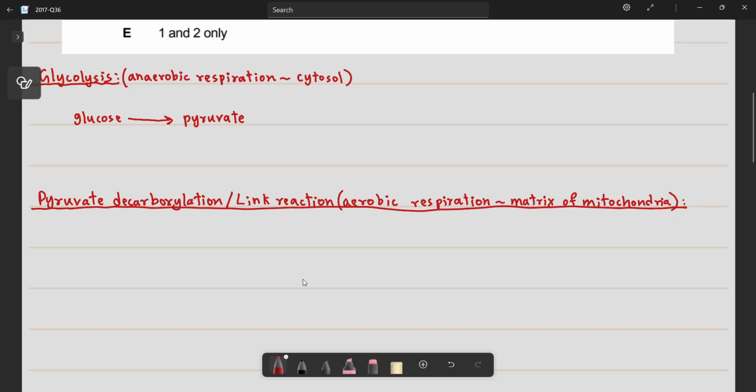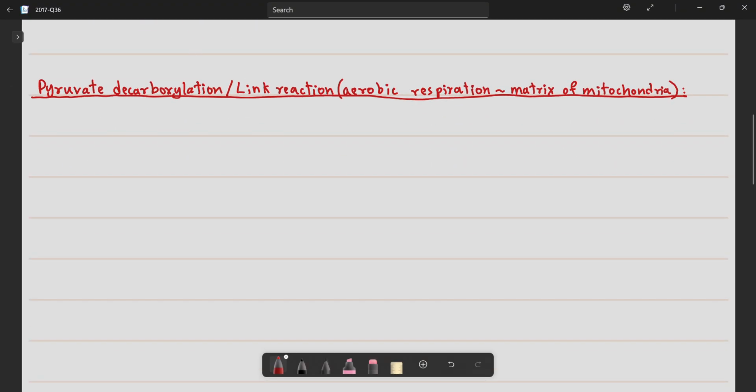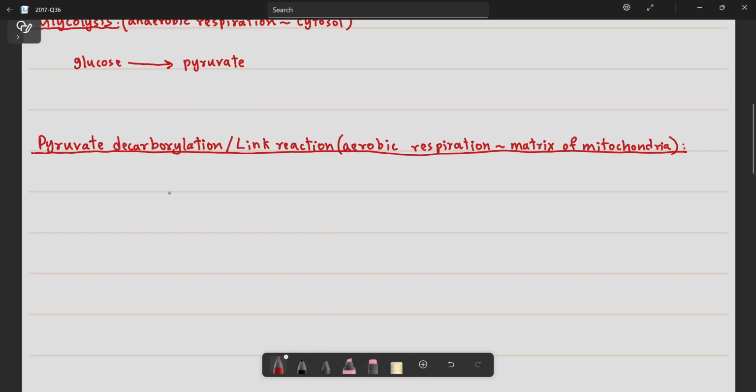Okay, so I have to now tell the main product, what it is. So basically it converts the pyruvate, which is the main product from glycolysis, into this compound which we call acetyl coenzyme A, or acetyl CoA.